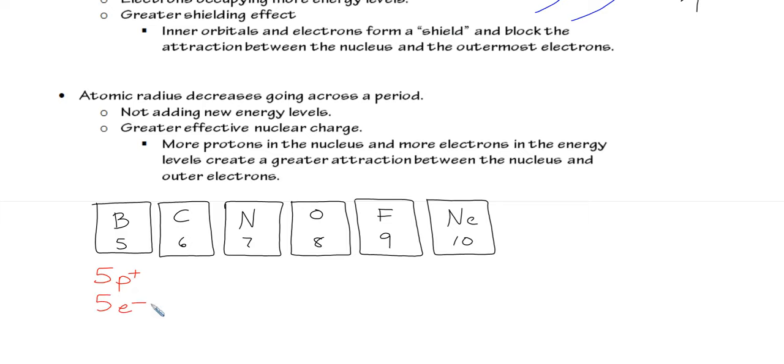As I go across to neon, this should be 10 positive protons and 10 negative electrons. So they assume that, well, if you got 10 protons and 10 electrons, that should maybe take up more space. That should be a bigger atom. There's more stuff in the atom. And so then they have a hard time rationalizing why neon atoms are smaller than boron atoms.